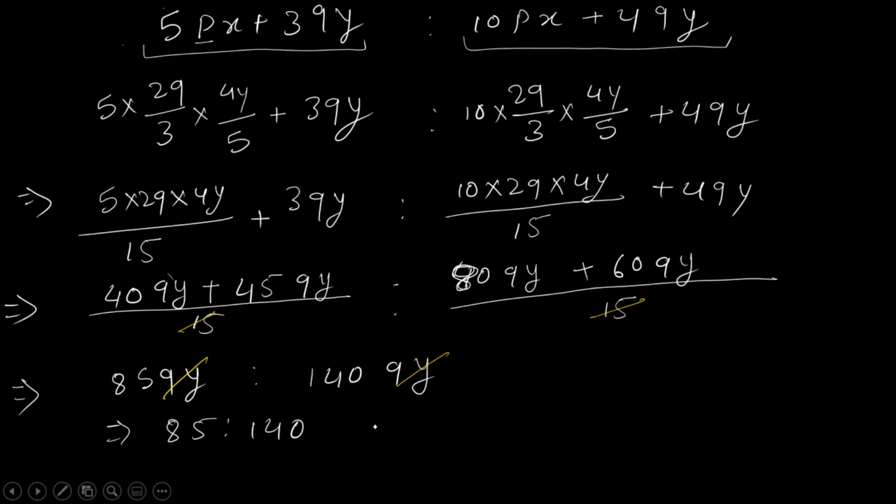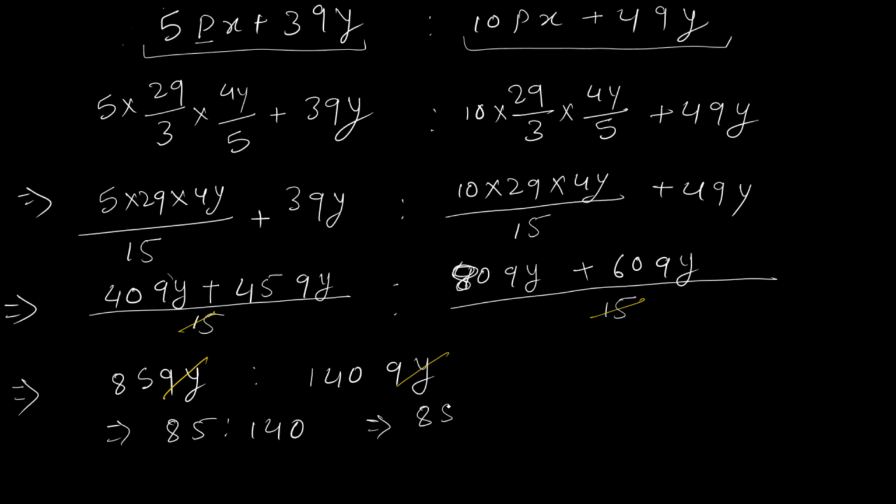Do you have this option? So this option we don't have. Then what you have to do? Simplify. Then again you are going to rule 2.